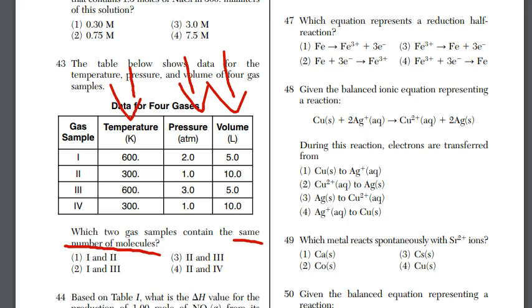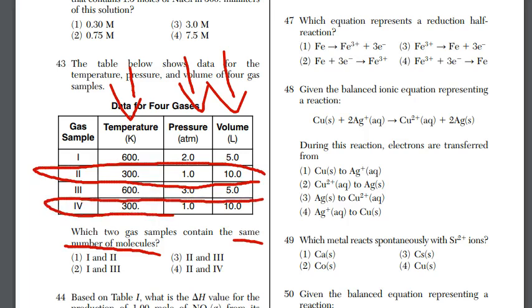So I start taking a look, and 1 and 2 don't match, 2 and 3 don't match, 3 and 4 don't match, but certainly 2 and 4 have the exact same temperature, pressure, and volume, which is choice 4. So yeah, they have to be under the same conditions, and then it doesn't matter what gas it is.